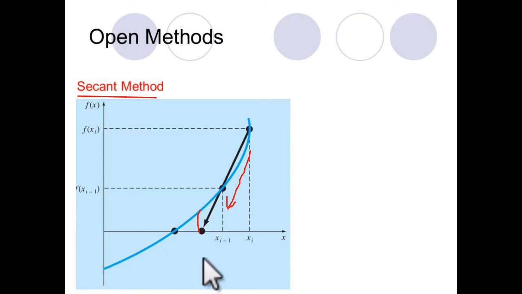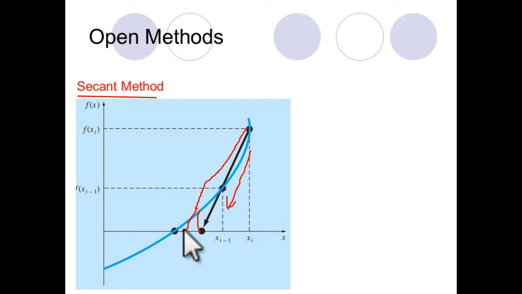Now, this is my new point, and then I draw a new line, and find the new point which crosses the x-axis, and it goes like this, and at each step I'm getting closer to the root of the function. This is what the secant method is.